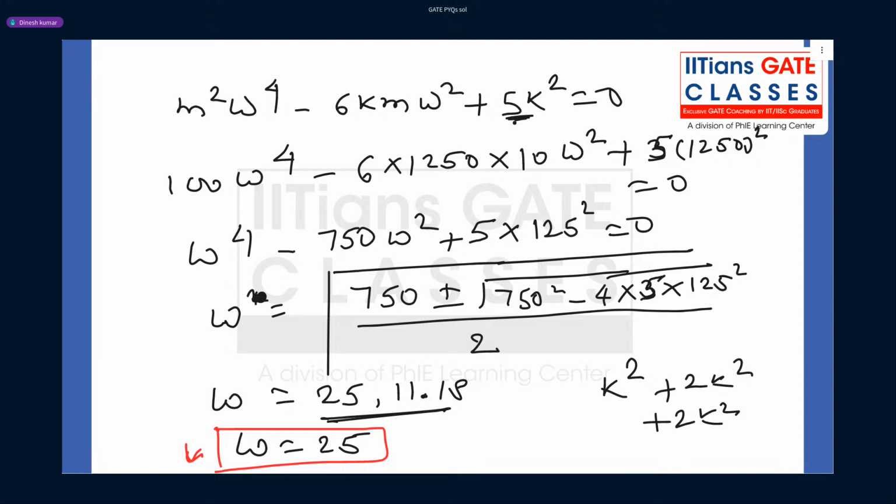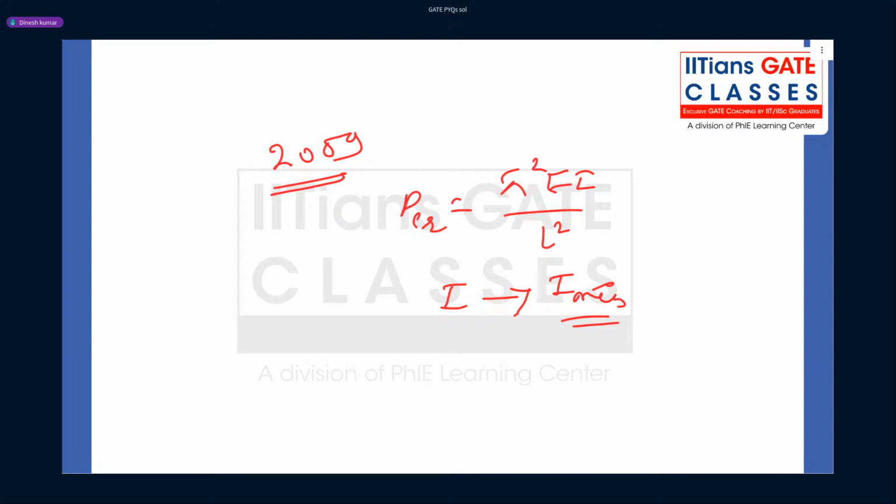Okay, so guys, do this calculation and tell me. Swastik, are you there? Is it correct? Omega 25, if you solve this problem. Or in a simplified form, if you write this equation, it is omega power 4 minus 750 omega square plus 78125 is equal to 0.